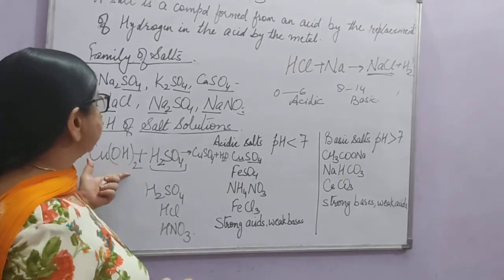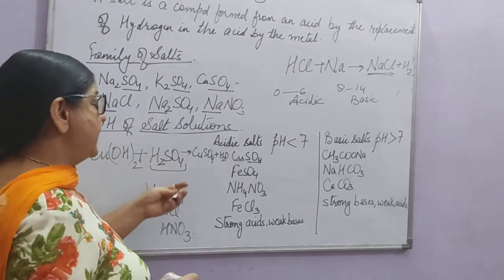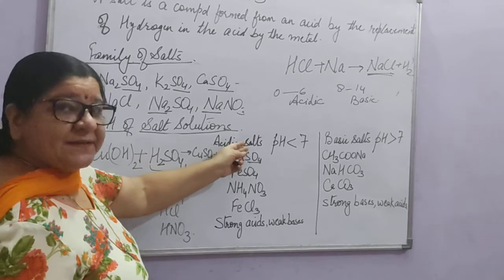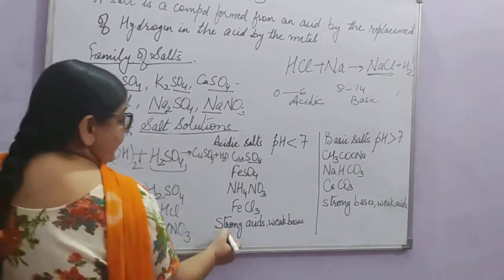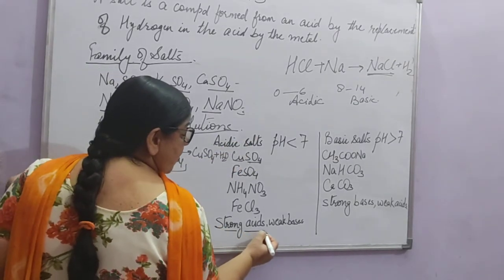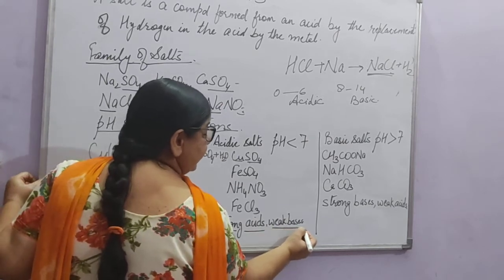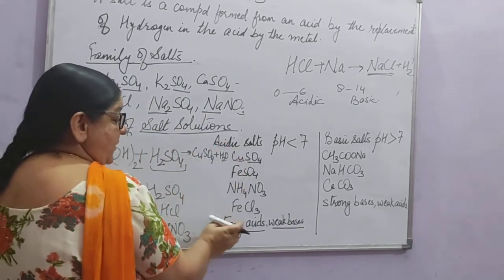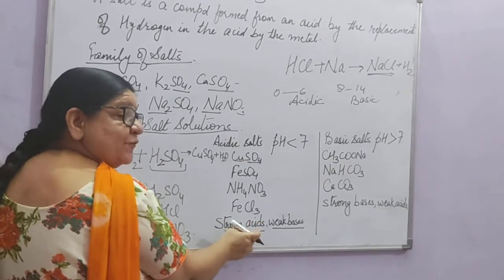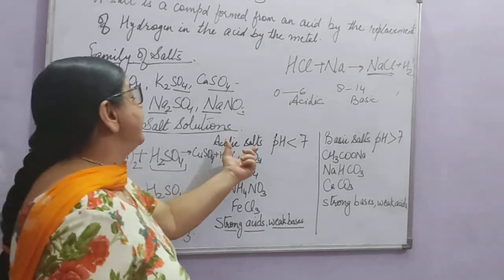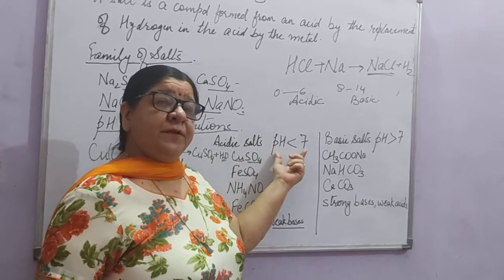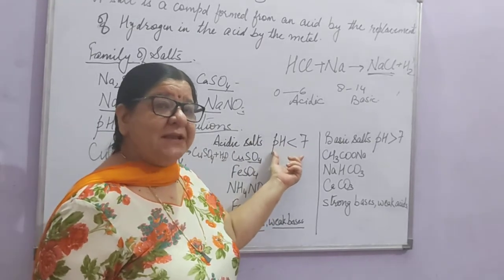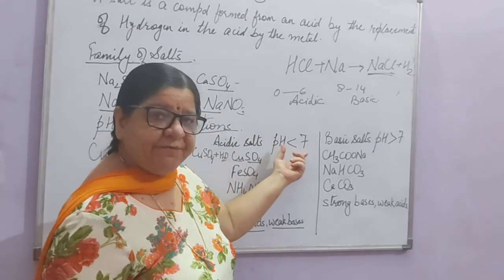Now when it reacts with this, it will form an acidic salt. Always whenever any strong acid reacts with a weak base, it will form an acidic salt, because the acid is very strong here. It will form a salt which has pH value less than 7.